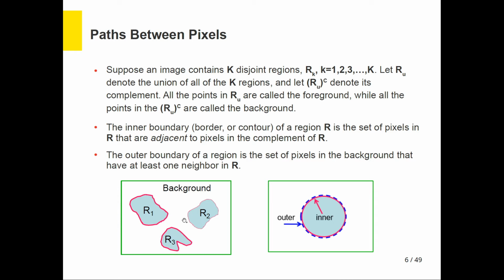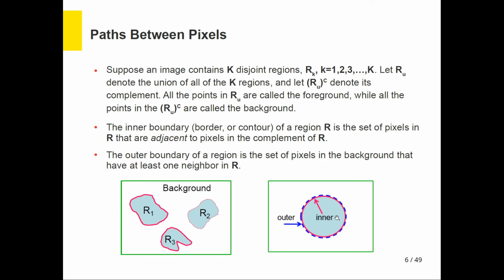So on the figure to the left, you can see we have this image that is shown in this green rectangle. We have three disjoint regions. So the union can be considered as the foreground, while other regions, which are shown in white here, can be considered as the background. Of course, depending on the type of the problem that you want to solve, maybe R1 by itself is the foreground and the rest of the image containing R2 and R3 are part of the background, but that is application dependent.